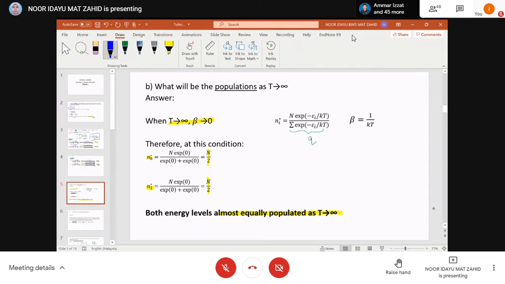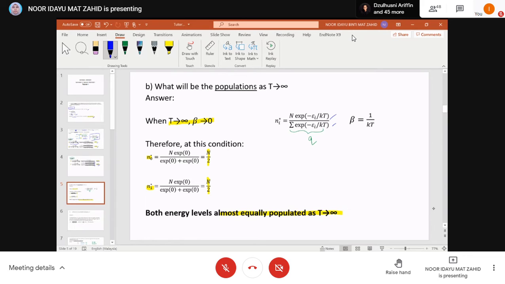Note that beta is equal to 1 over kT. With temperature at infinity, something divided by a very big number approaches 0. That's why you get exponential 0, which is equal to 1.